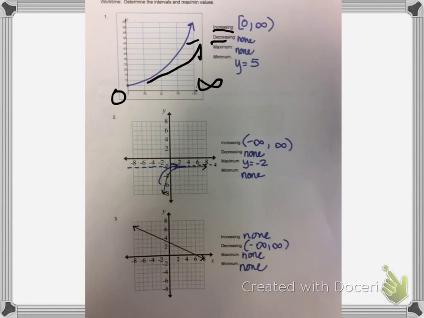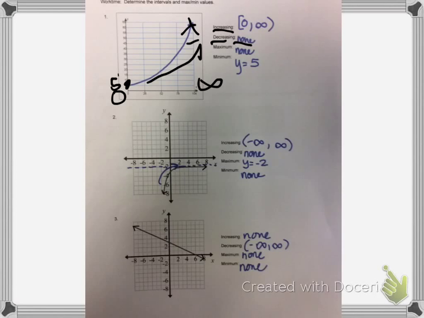Now decreasing, our graph does not decrease, so therefore there is no decreasing interval, or none. Our maximum. There is no maximum because our line keeps going on forever. Now our minimum, we have at y equals 5, because our graph stops on the y-axis at y equals 5.